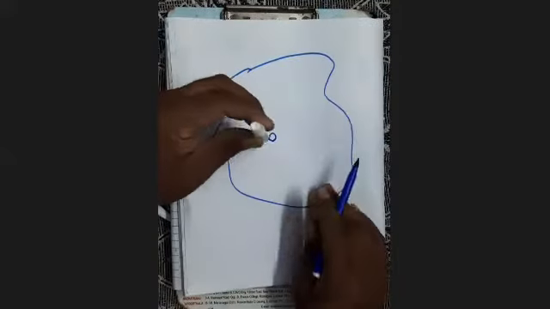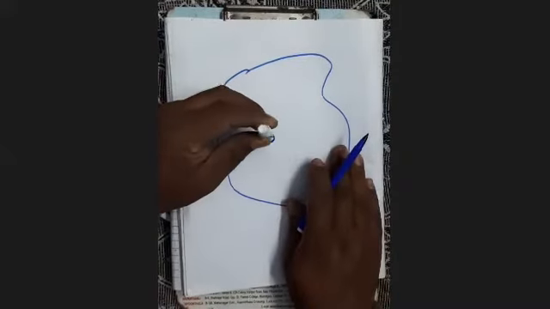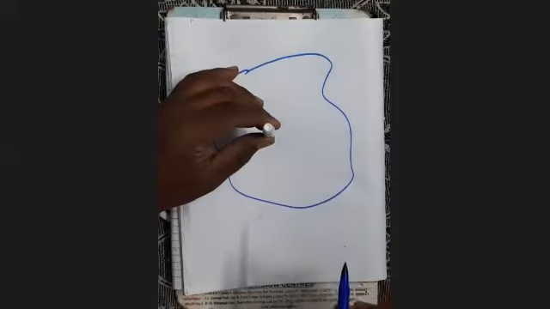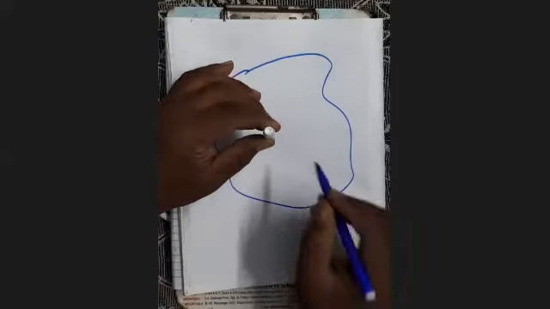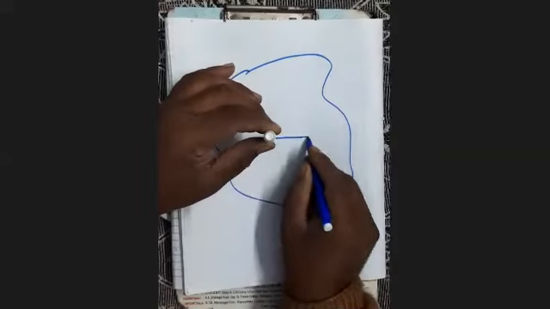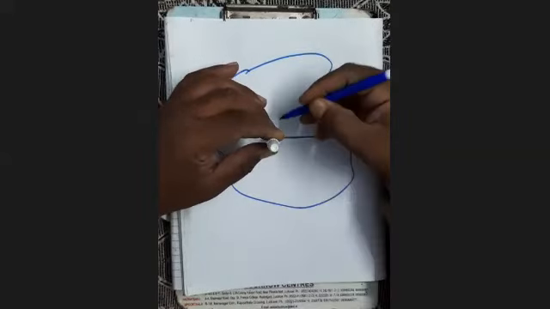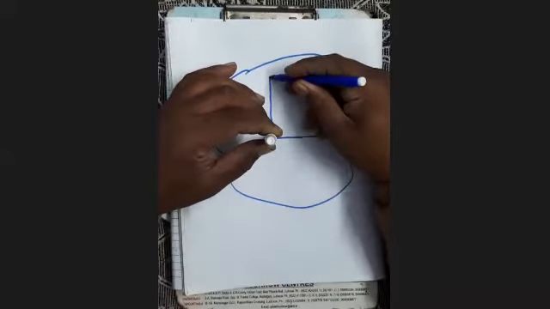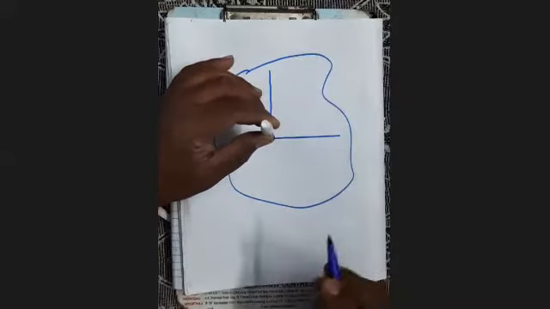So MI of this lamina about this axis will be equal to the sum of the MI of the lamina about two mutually perpendicular axes, मतलब जो एक दूसरे के perpendicular, lying on the plane of lamina and meeting at which point?